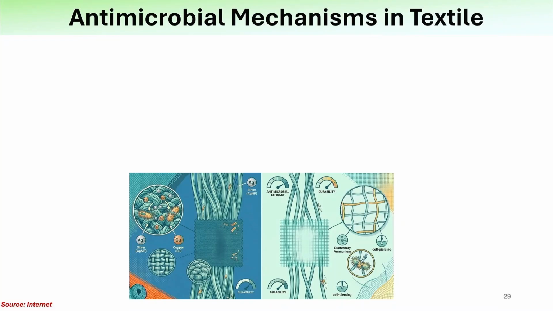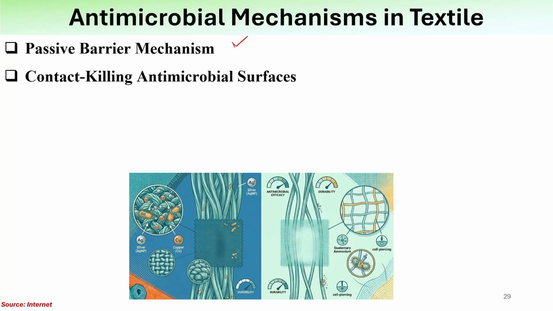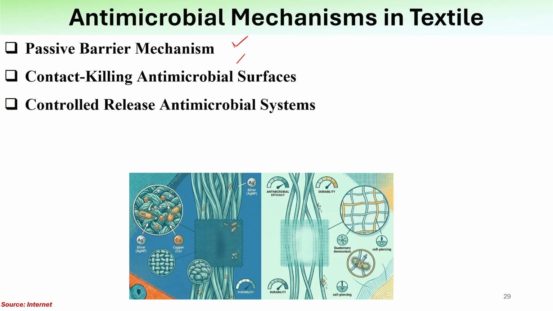So, antimicrobial mechanisms in textiles are: one, passive barrier mechanism; another, contact killing antibacterial antimicrobial surface; third, controlled release of antimicrobial system; then metal ion antimicrobial activities; and reactive oxygen species, ROS, mechanism.